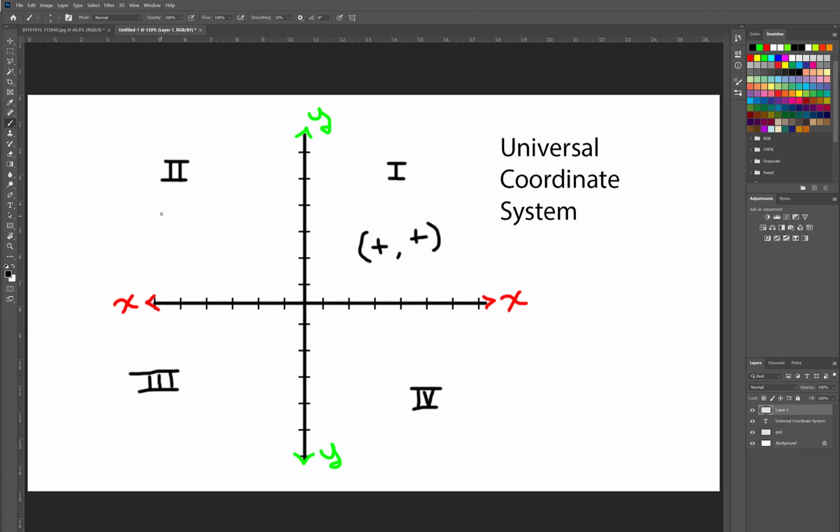Quadrant 2 over here, X is negative, Y is positive. In quadrant 3, X is negative, Y is negative, and in quadrant 4, X is positive, Y is negative.